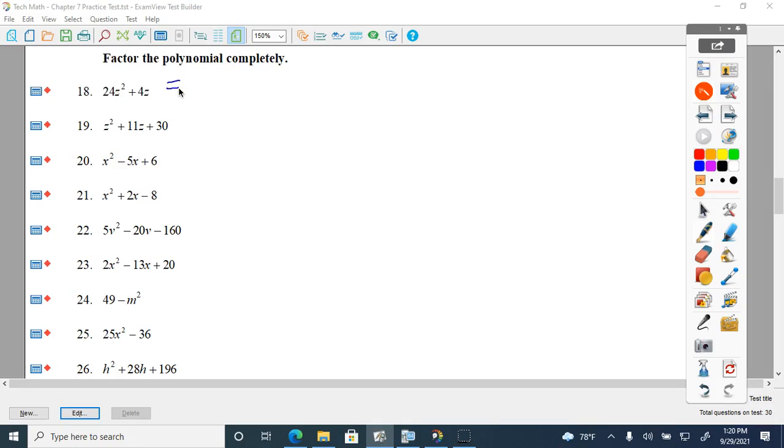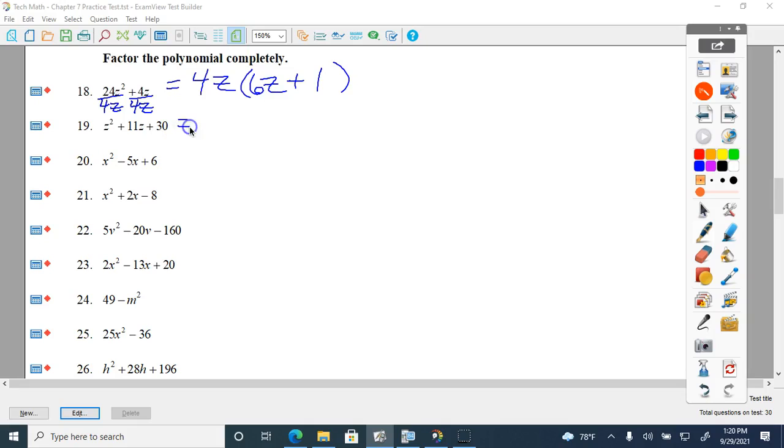What do they have in common? 4z. So I take out 4z. Divide by 4z. Divide by 4z. I will get 6z plus 1. And I'm done. Okay? Is there any more I could do to that? To factor? No.